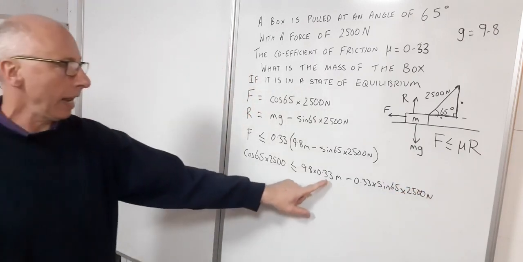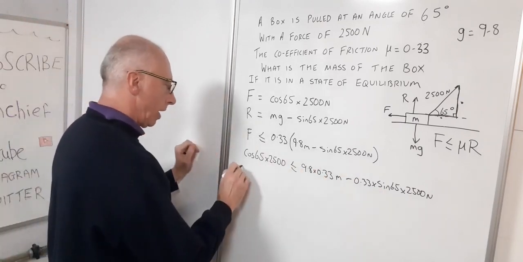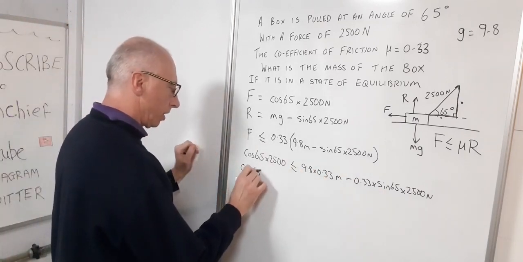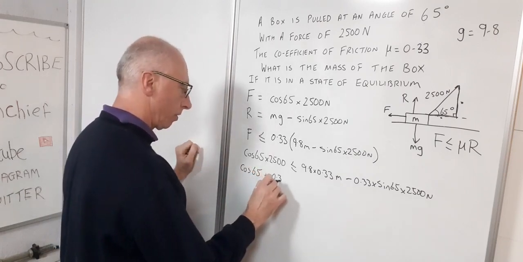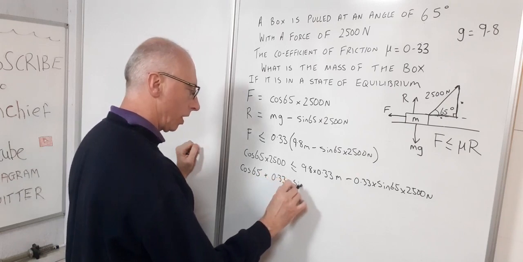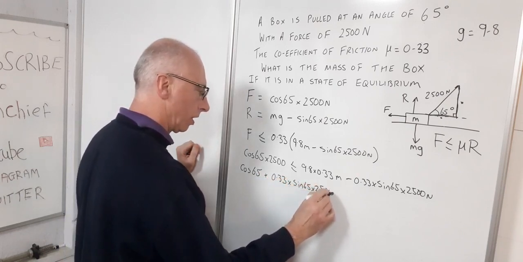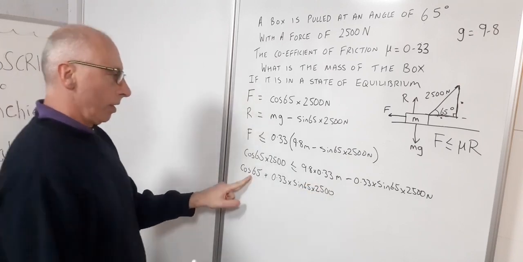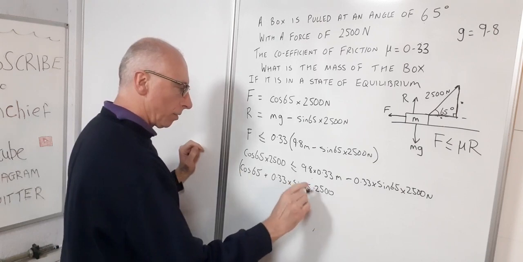Okay, now let's get m on its own. So bring this over to this side. So now I'll have cosine of 65 plus this plus 0.33 times sine 65 times 2,500. So let's put that in a bracket so we distribute the 2,500 with everybody.